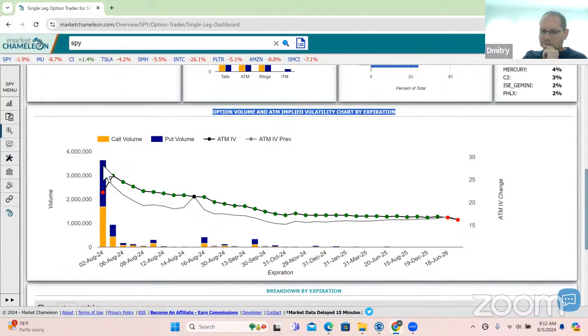Another thing that we could do is just look at these bars and you see that they're stacked, yellow and blue, right? The yellow bar represents the volume in the calls. The blue volume represents the volume in the puts. So if you see a big bar all blue, that would indicate that most of that volume is in the puts.